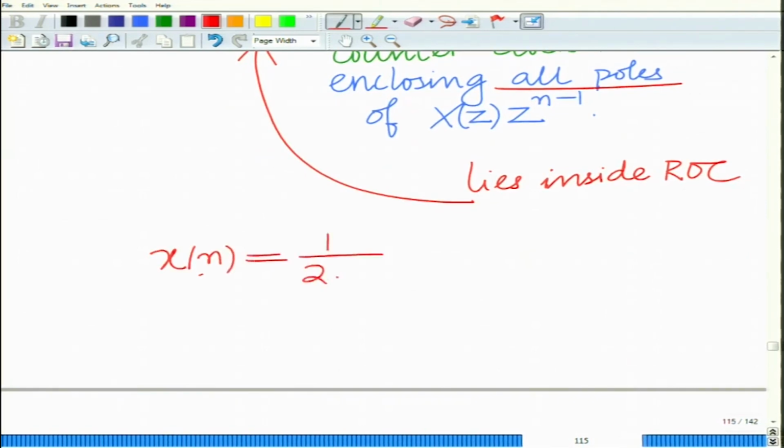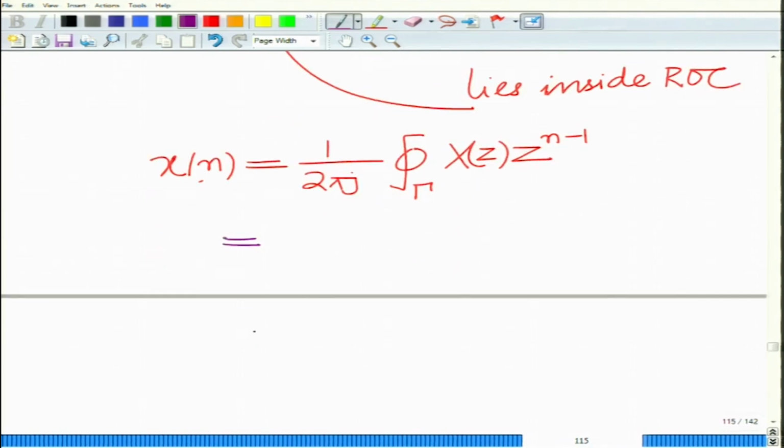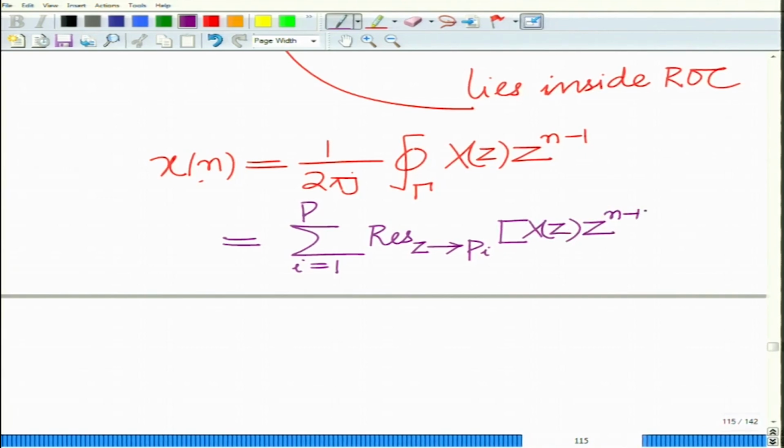This is 1 over 2 pi j, the contour integral over gamma of X(z) z^(n-1), which is equal to the summation over i equals 1 to p of the residues evaluated at each pole p_i of the quantity X(z) z^(n-1).